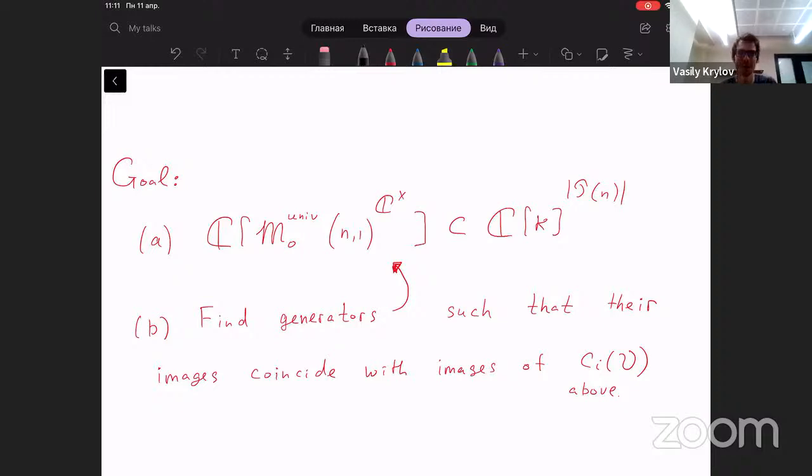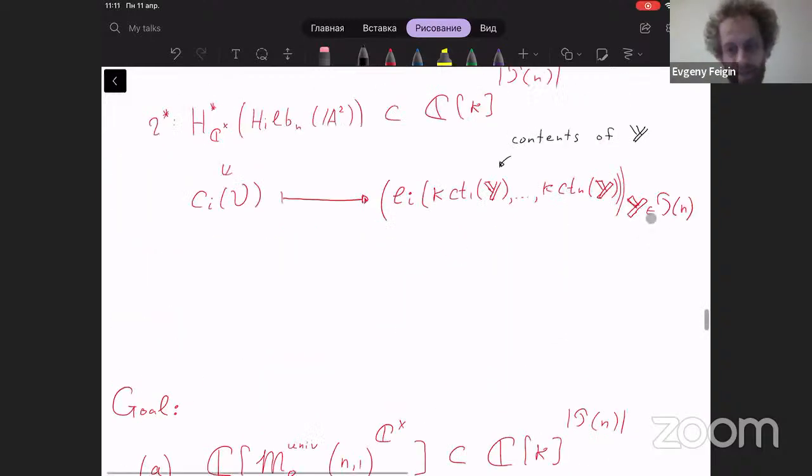I don't know how to describe the image explicitly. Generically, if you restrict to a generic point, this will be just an isomorphism. I see. Thank you. Okay.